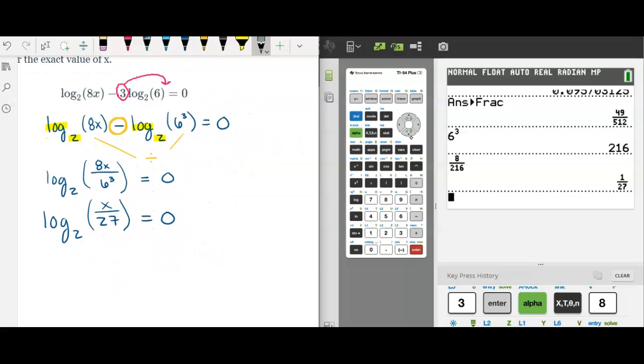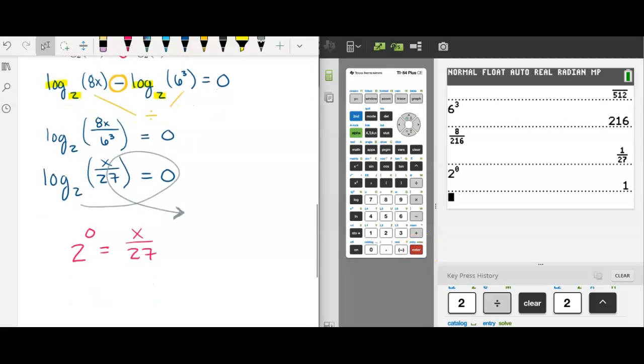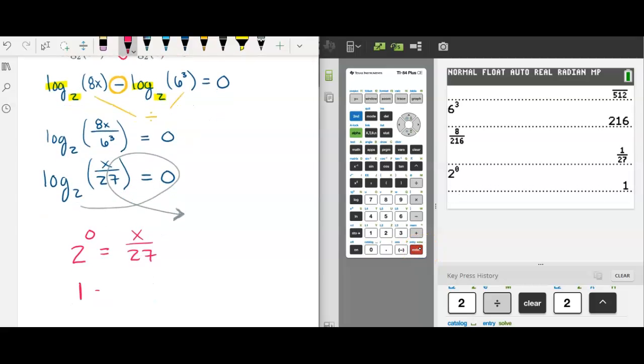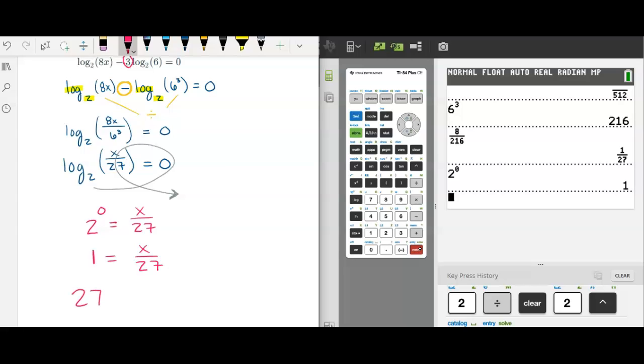Now is when we switch it to exponential form, because x is in the parentheses there, and that's the only way to get it out. So 2 raised to the 0 power equals x divided by 27. So 2 raised to the 0 power is equal to 1. And now to move the 27 to the other side, I'm going to multiply. And 1 times 27 is 27.